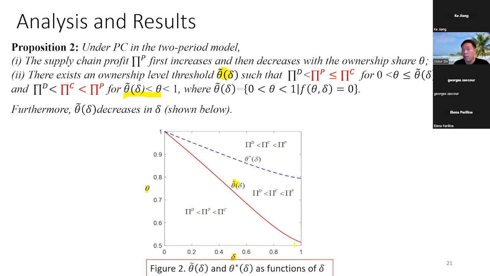So that means, for example, if the delta durability is 0.8, as long as the manufacturer has about 58% of the retailer, it is going to be better than complete centralization.